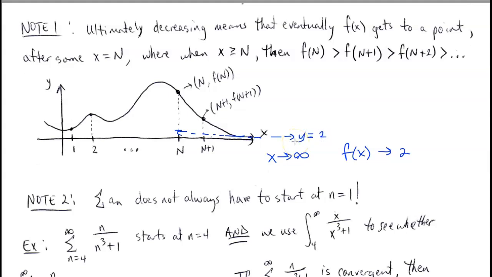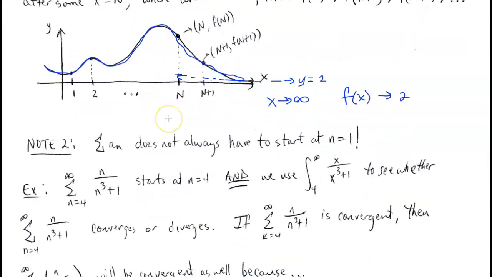So that's very possible too. The main thing here is that we see how our function starts off decreasing, then it increases, then it decreases again, then it increases. But ultimately, as x approaches infinity, it starts to decrease again. Okay, and that's what that ultimately decreasing phrase means in the integral test.